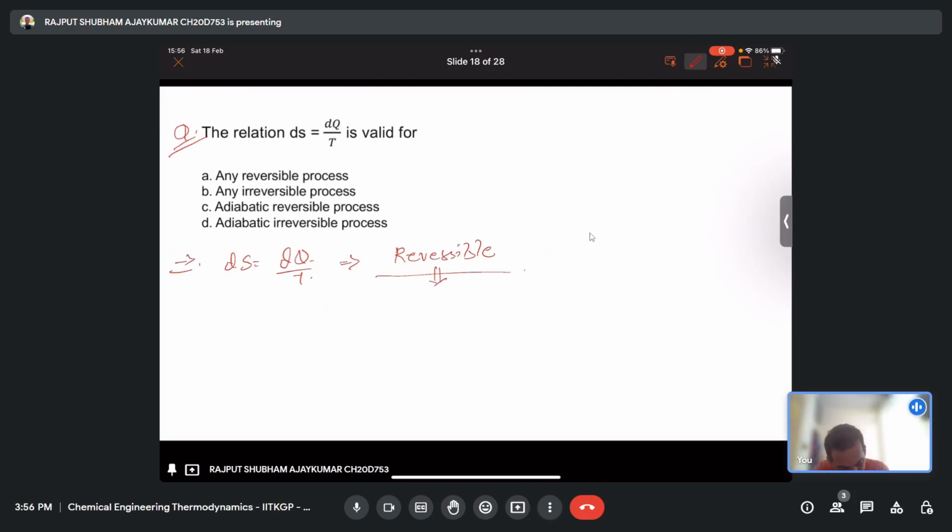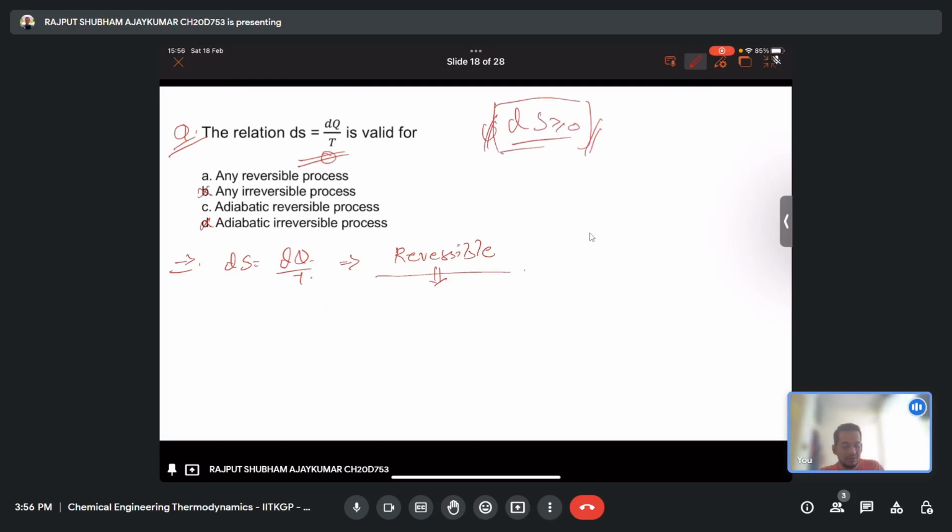So this will nullify two of the options directly. This will not be an option, this will not be an option. The only answer is reversible or adiabatic reversible process. Now there are two different terms. If I say an adiabatic reversible process, it comes under a constant entropy process, that is dS is greater than or equal to 0.